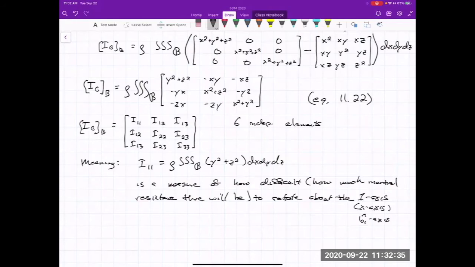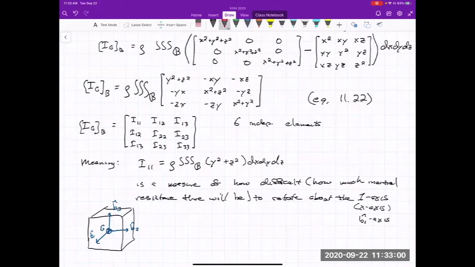So here's a sketch of a rigid body. I'll often just write some kind of block looking thing. Here's our frame, and let's say it's already centered at the center of mass.